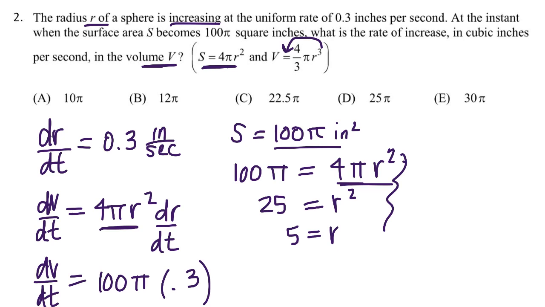So it looks like we could have saved ourselves a lot of time without that extra work, but you just never know with these problems. So if I multiply those two together, I'm going to get 30 pi. So our answer choice should be E.